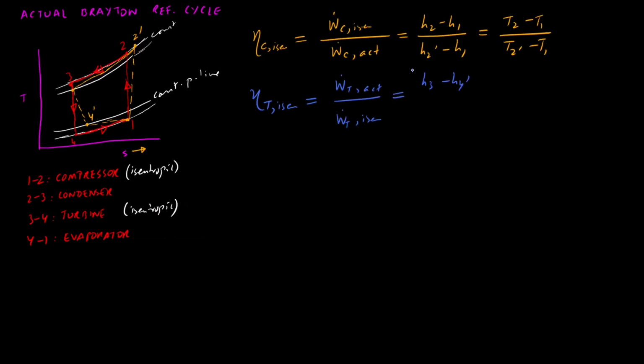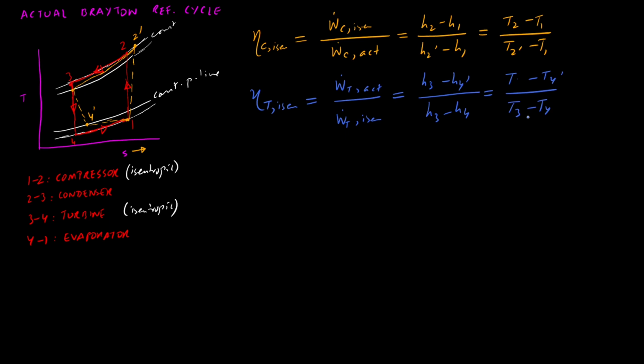H3 minus H4 dash divided by H3 minus H4. And if it was an ideal gas working fluid, then it would be T3 minus T4 dash divided by T3 minus T4.